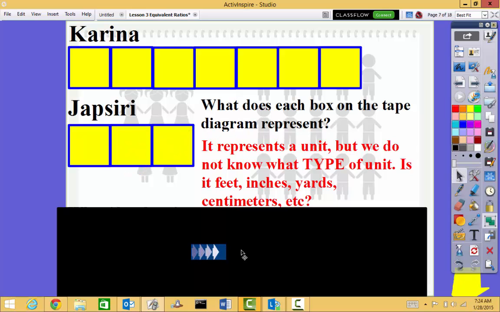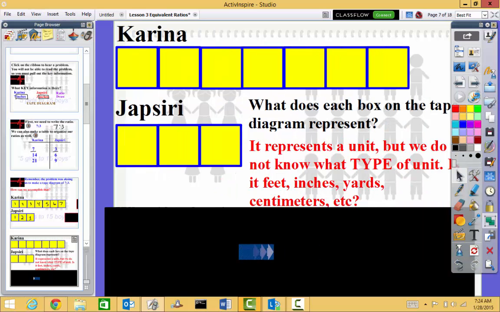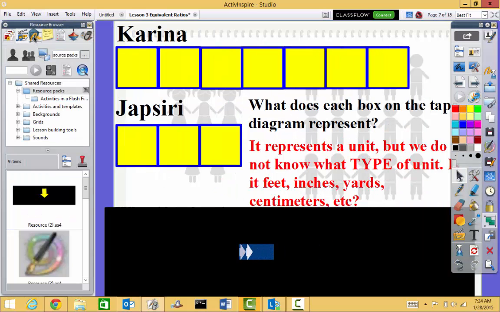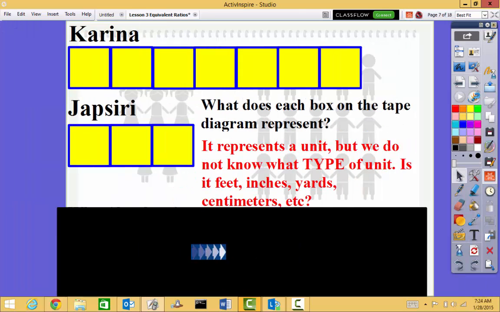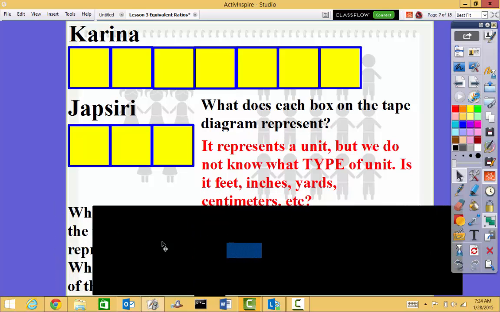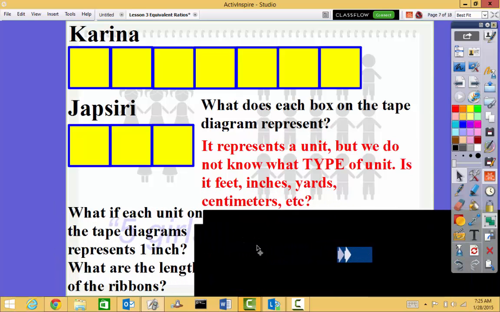So I want you to think, well, let's see if we can edit this. Alright, we're going to try it this way. What if each unit on the tape diagram represented 1 inch?